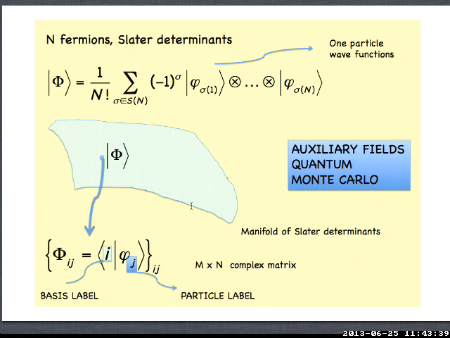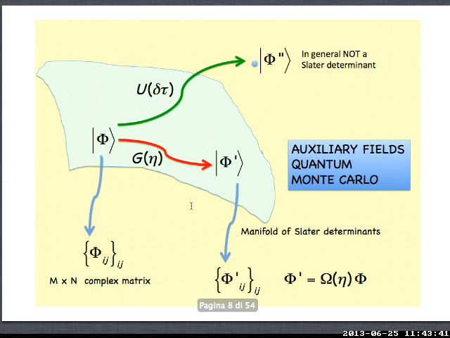The usefulness of this formula lies in the fact that the operator G of theta, which is the one-body propagator introduced before, actually transforms a Slater determinant into another Slater determinant, which is not true for the general interacting propagator, which, when applied to a Slater determinant, actually takes it to a point in the Hilbert space which is no more a Slater determinant.